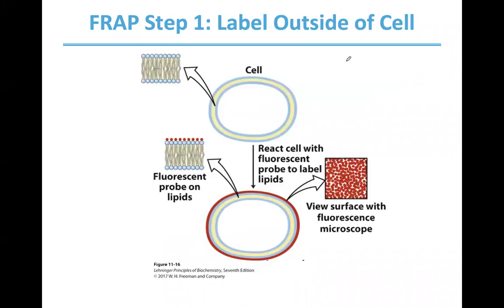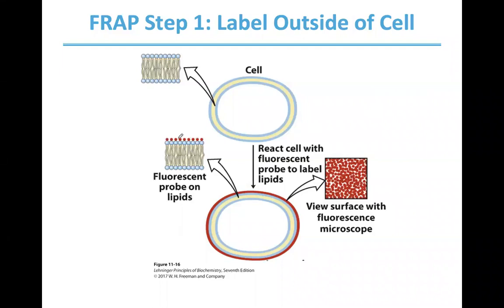So this is our cell, right? So this is the lipid membrane. And we're gonna apply a fluorescent probe or fluorescent dye to label the lipids. The dye is not going to be penetrable. It will not be able to get into the cell membrane, but it will stick to the polar head group.